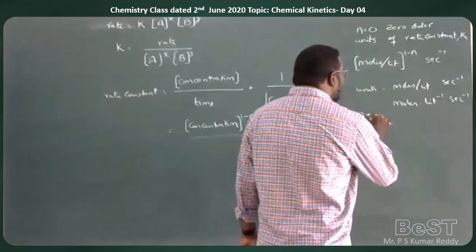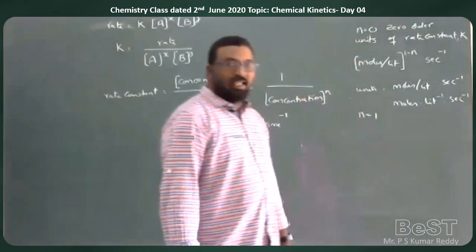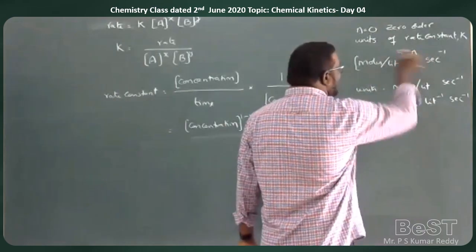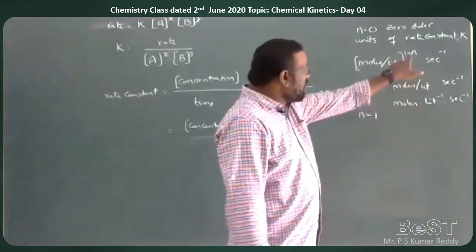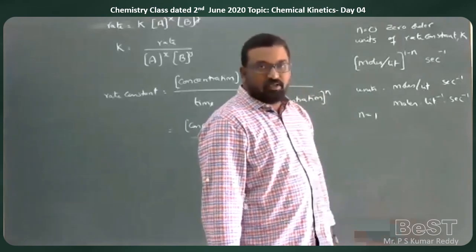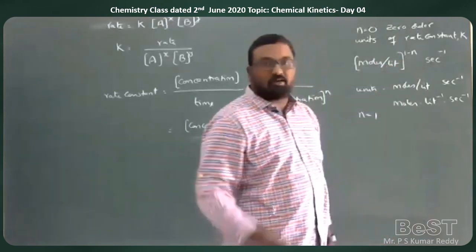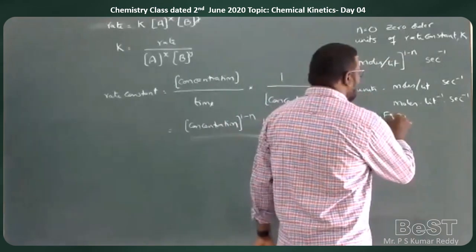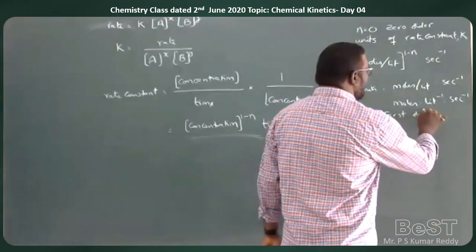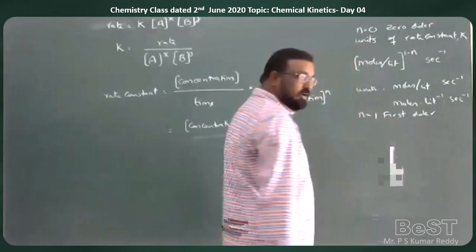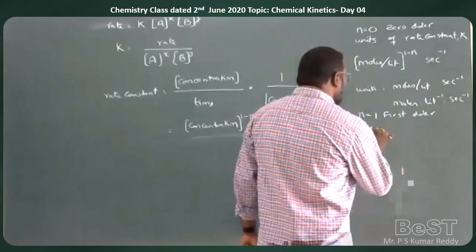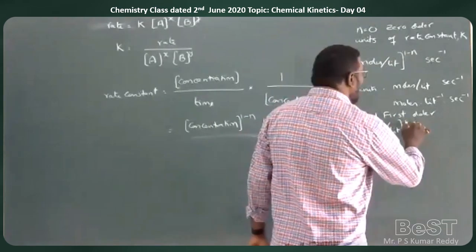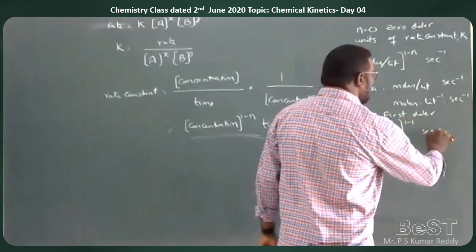Now, when n is equal to 1, automatically 1 minus 1 is equal to 0. Anything to the power of 0 is equal to 1. So for a first order reaction, when n is equal to 1, we have moles per liter to the power of 1 minus 1 seconds inverse.